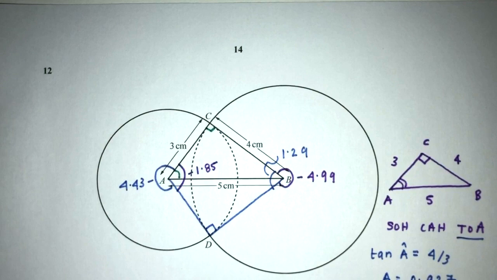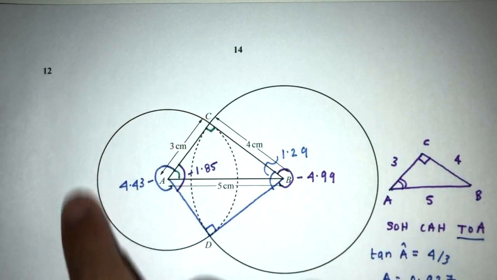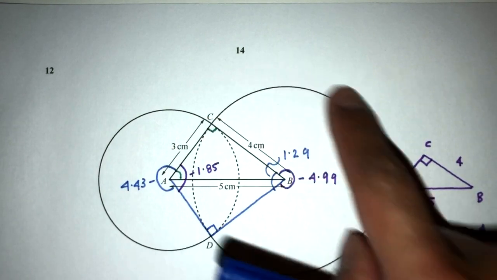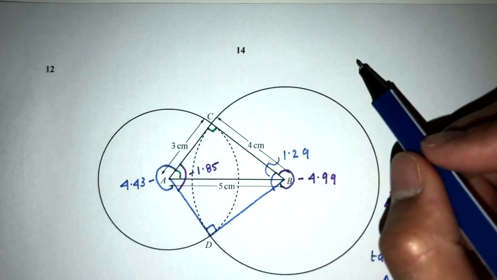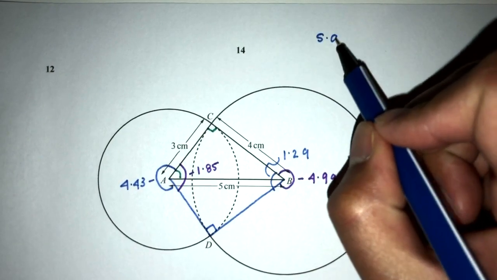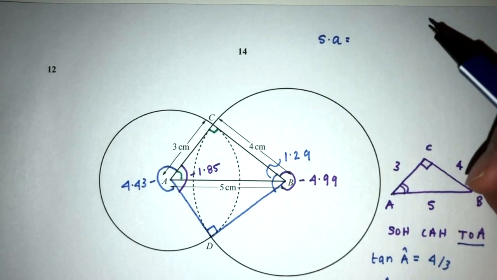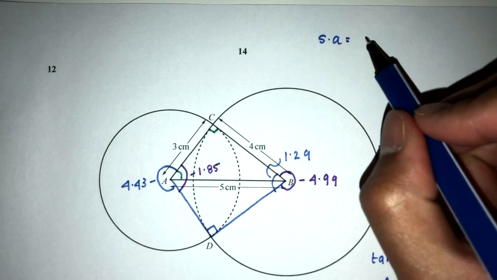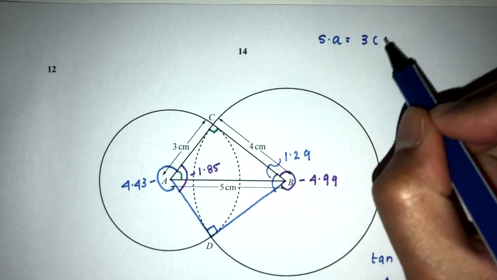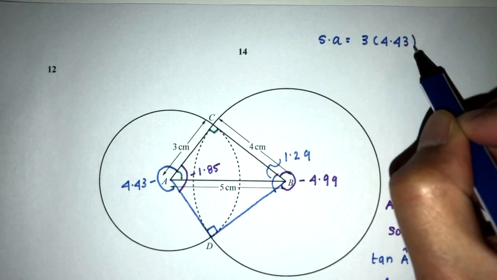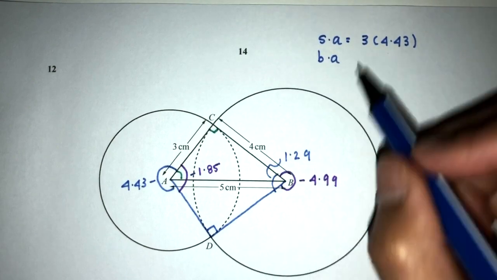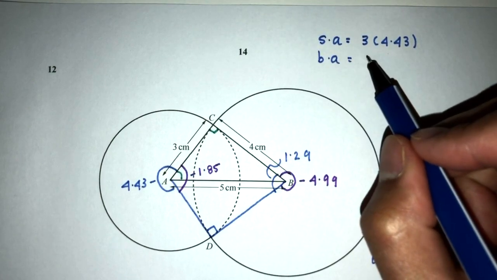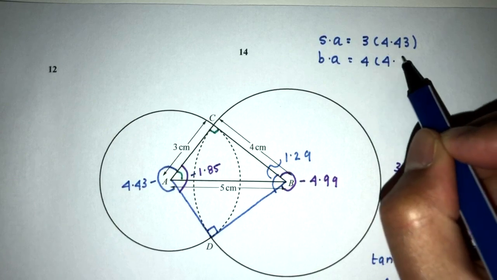Okay, so now because we know the angles, we can find the length of arc CD and the length of the other arc. So let's find the smaller one first. For the smaller arc, we can use the formula for length of arc, which is r theta. R is radius 3, theta is 4.43, plus the bigger arc, where the radius is 4 times the angle 4.99.